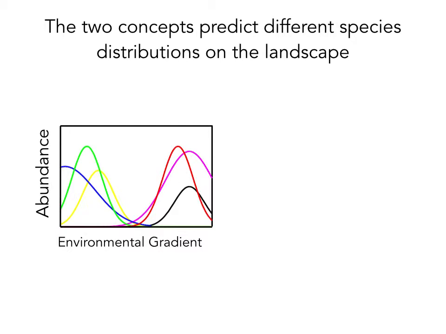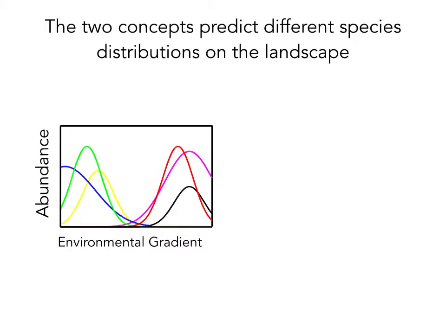But as we move from left to right along that moisture gradient, and it gets more and more dry, the graph indicates that all of a sudden we get a shift. As it gets drier, our blue, green, and yellow species decline and are replaced on the right with the red, purple, and black species.